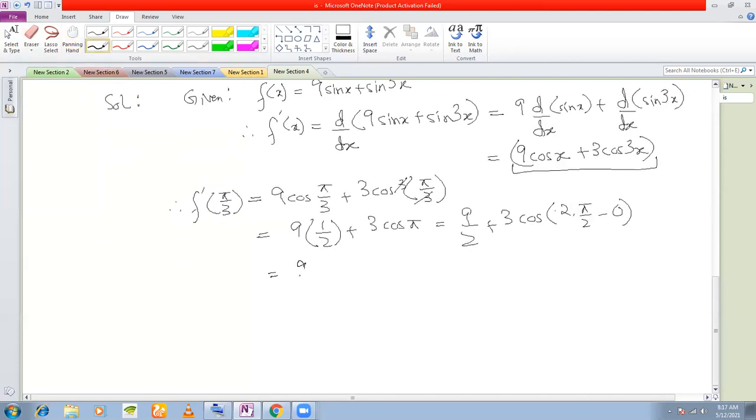Now see, there's an even multiple here, so cos will not change, cos will remain cos. And which quadrant is this in? This is in the second quadrant where cos is negative. I'll put a negative sign. 3 cos 0. And cos 0 you know is 1. So 9 by 2 minus 3, which is 9 minus 6 by 2, which is 3 by 2. That's it.